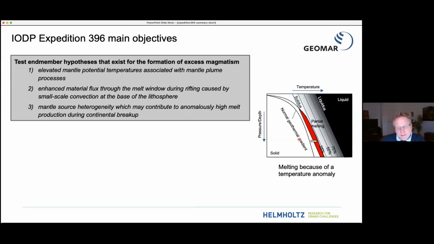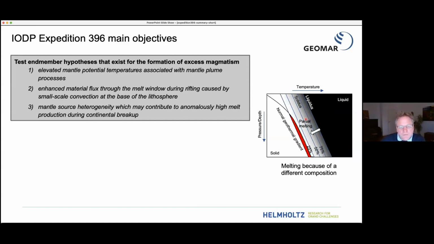So what really happens when we have a rifted margin that is producing a lot of melt? One option is that we have increased temperature, so that we get into the solidus domain and partial melting. Or we may have quick unloading that would drive our isotherms upwards and we get melting. Or we could have a different composition of the mantle that provides lower solidus and liquidus temperatures.